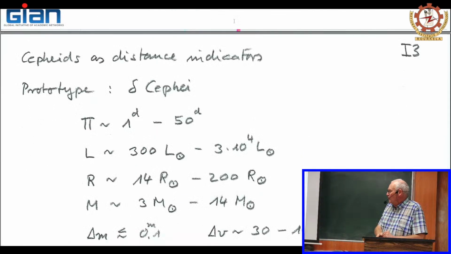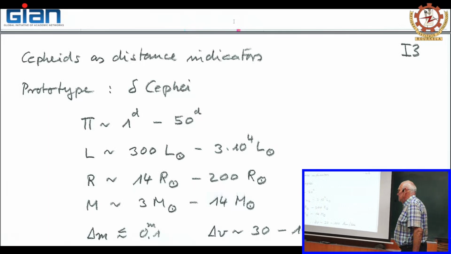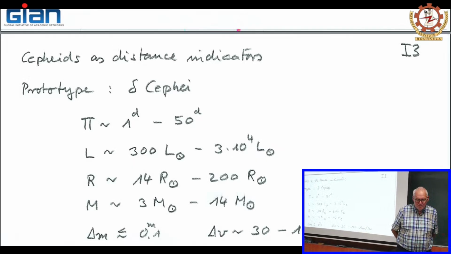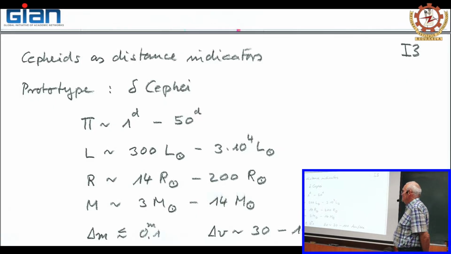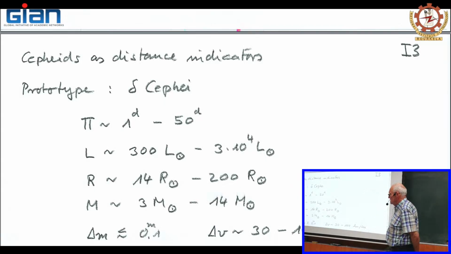So let us consider one of the prominent pulsators. The classical pulsator is the star Delta Cephei, and the group of stars which behave similar to Delta Cephei are called the Cepheids. There is also a star Beta Cephei, which is also variable, and one has to be careful to distinguish between the Beta Cepheids and the Delta Cepheids.